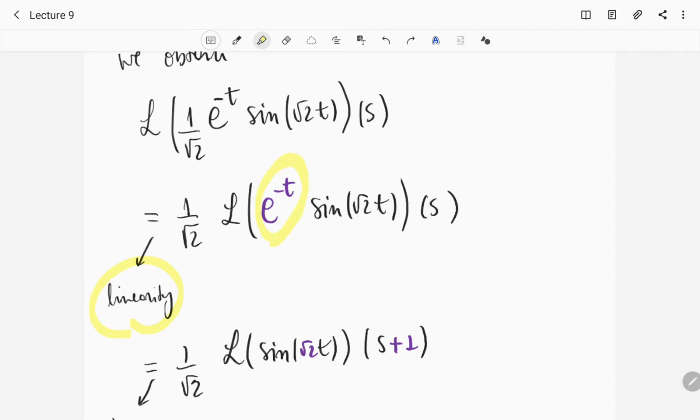Because of the fourth property that we saw, that exponentials go into shifting, we have the Laplace transform of this other function, the one that is multiplied by the exponential, shifted by minus 1, and that's why there is a plus 1 there.